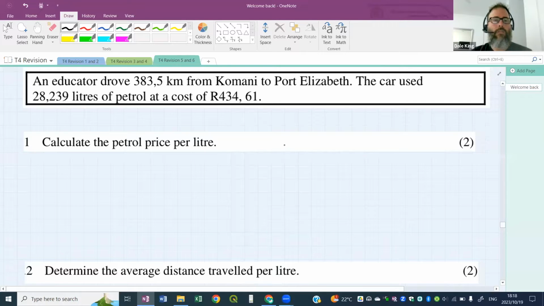What is the price per liter of petrol? All right, we're getting answers coming through. Don't look at the answers. You do your work and then we check it.